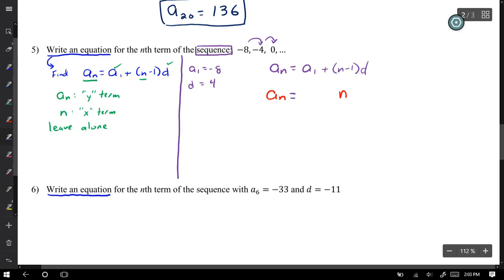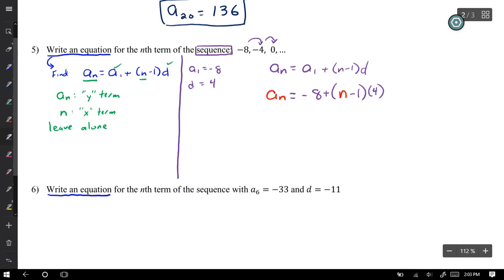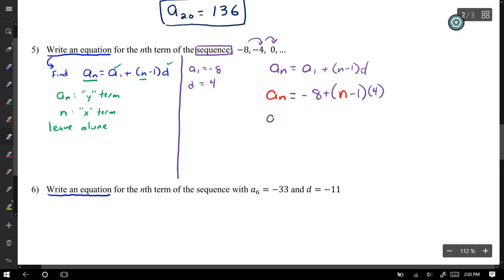We know a1 is negative 8, plus I got my parentheses, I have my n minus 1, my common difference is 4. This isn't actually bad to do the formula for because I have everything given to me that I need. I am just going to distribute that 4, so I have negative 8 plus 4n minus 4, and I'm going to combine like terms, 4n minus 12.